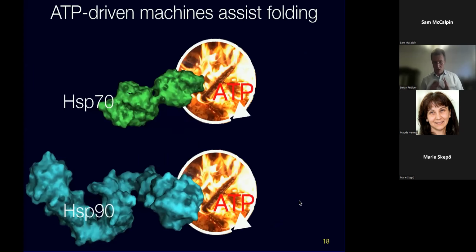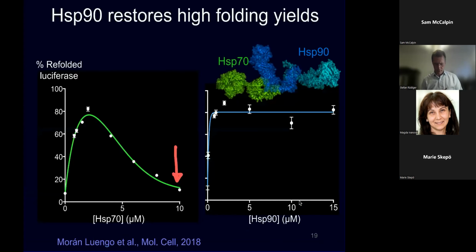And that solution is that there is also the molecular chaperone HSP90, which is known to act often downstream of HSP70. It's also a machine that actually runs with ATP. So if you now work at 10 micromolar, and you add at that very concentration, you also add HSP90.